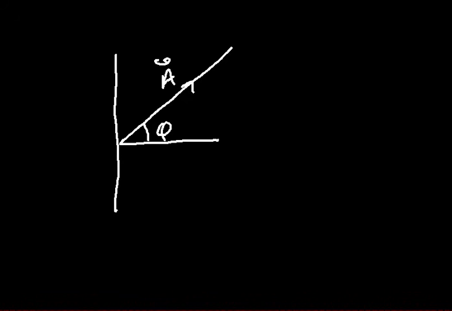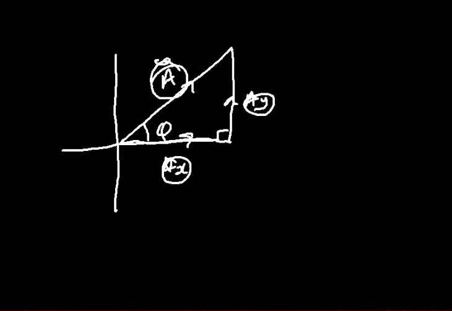We can present it on the Cartesian plane like that. The components of the vector A land like this: this is the x component, and this is the y component. And what if we have been given the components?